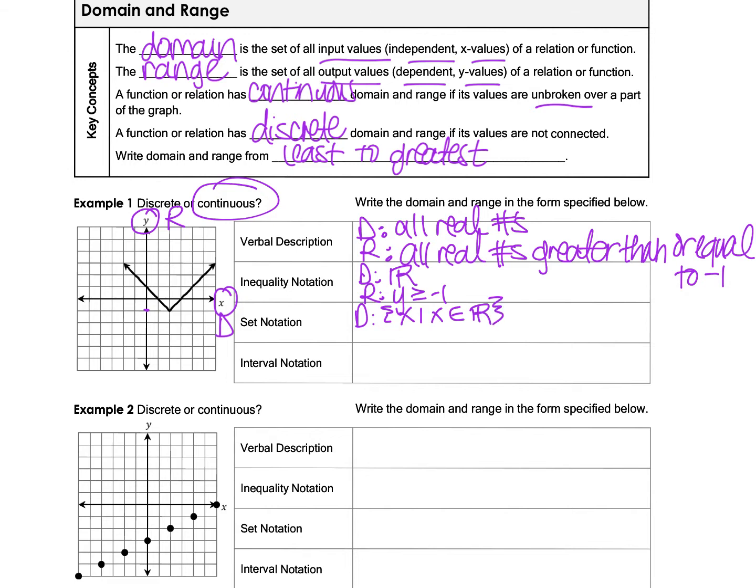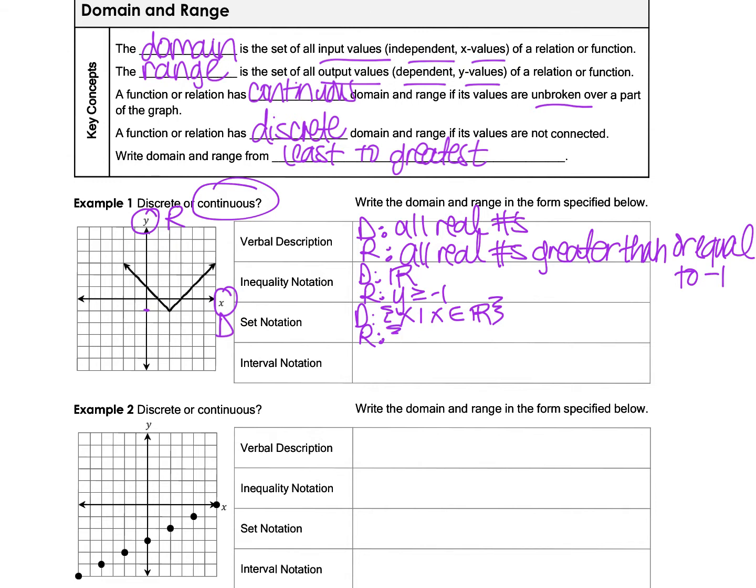Now let's go over what that means. This means the set of all numbers x, such that x is an element, that's what that little e is, of the set of all real numbers. Again, it looks weird, but it's really not difficult. You just have to know your notation. Now I'm going to go to range.